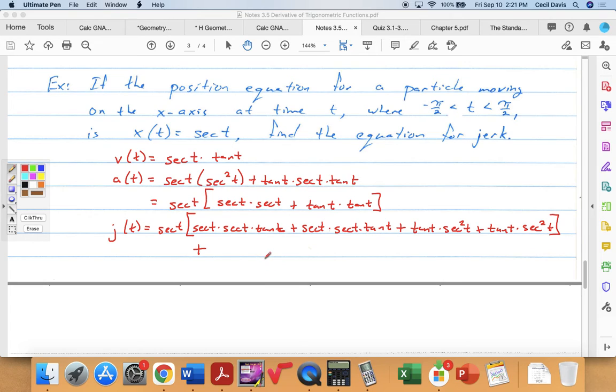Plus, because I'm doing the product rule on the big thing, all of this stuff, which I'm going to put back together, is secant squared t plus tangent squared t, times the derivative of secant, which is secant t tangent t. Woof.